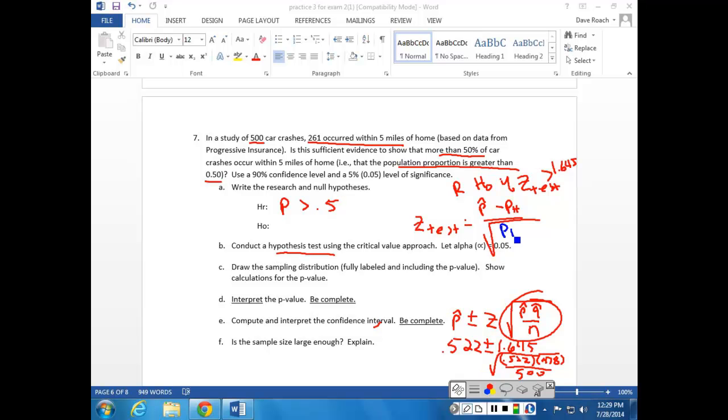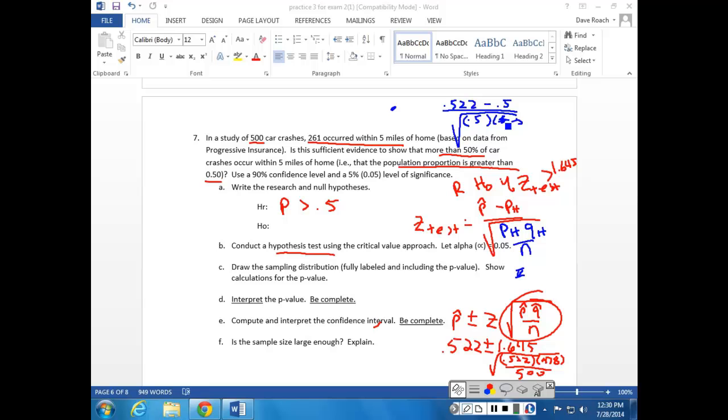It's going to be p0 q0 over n, which is, let me go ahead and put this up here. On the top, we're going to have 0.522 minus 0.5 over the square root of 0.5 times 0.5.